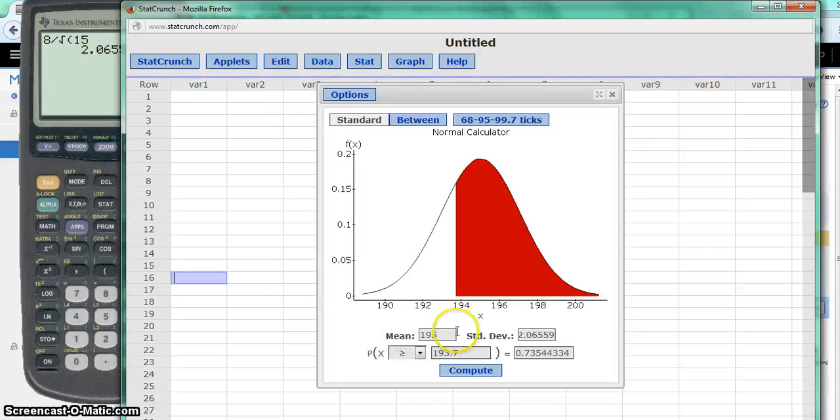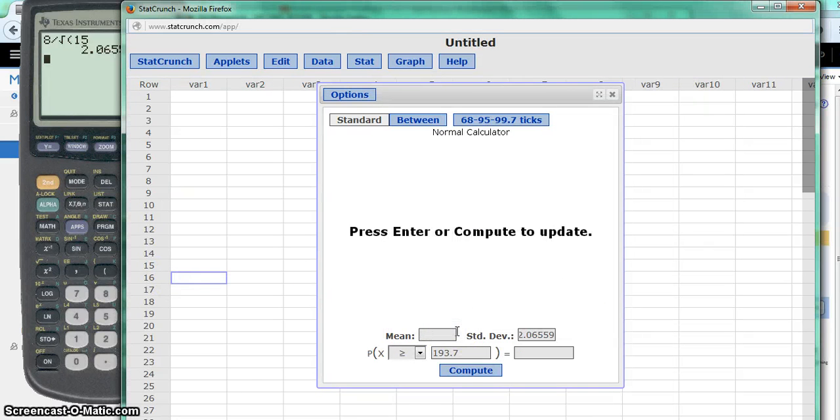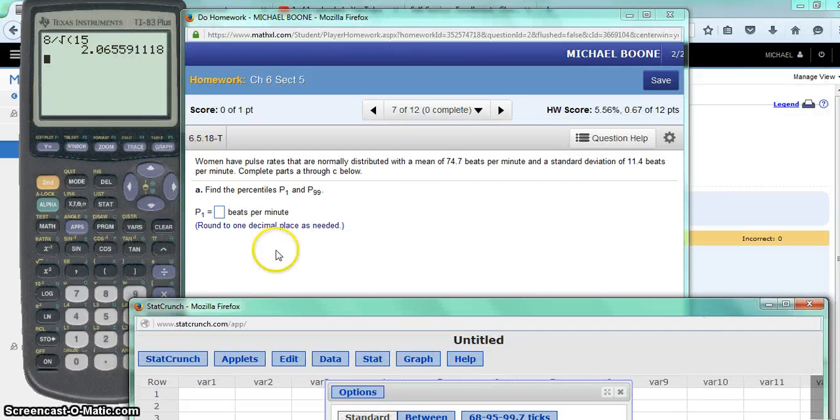So we have 74.7, and I think it was 11.4. And we're asked to find the percentiles, P1, so to 1 decimal place, beats per minute.